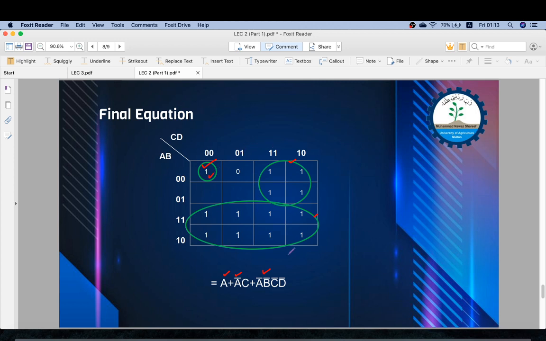So from these 4 rules we solved this and we got this equation. In the next lecture we'll do the rest of the rules, 5, 6 and 7. I hope from this lecture you understand how we make groups, how we make equations and how we make the final equation.